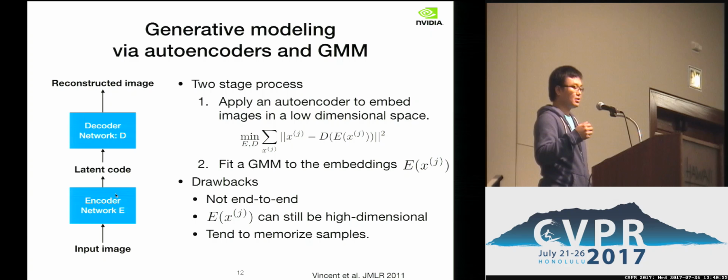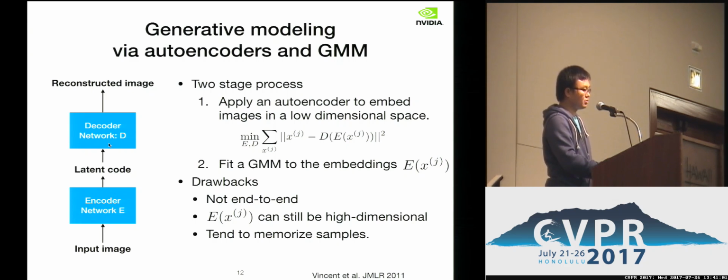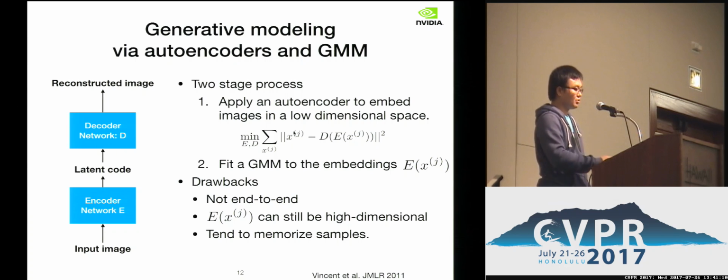Usually the latent code dimension is much smaller compared to the input image. And then we use the decoder network to reconstruct the image. The autoencoder is trained by minimizing this Euclidean loss. We want to find the network parameters E and D in order to successfully reconstruct the images.